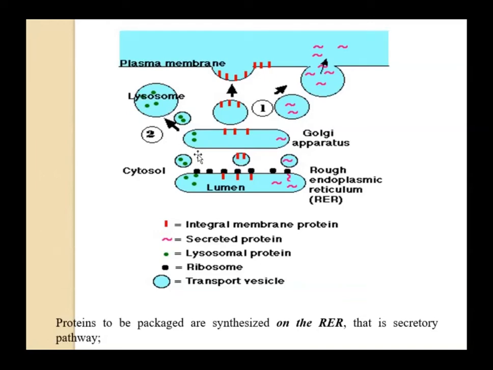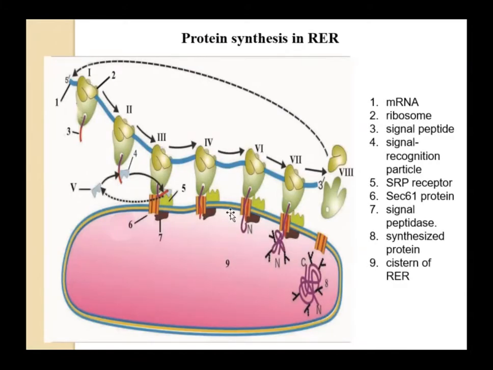But the common feature of these proteins, which are going to be produced inside of RER, is the presence of a signal peptide, that is a signal sequence. Here we can see a cistern of RER, and these are the ribosomes which are joined to each other via messenger RNA.